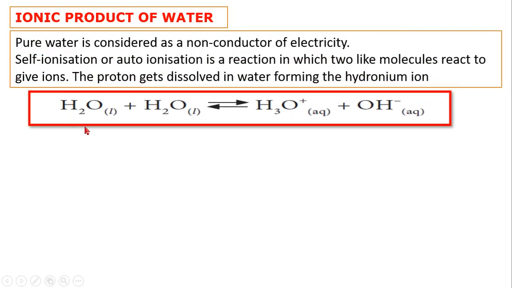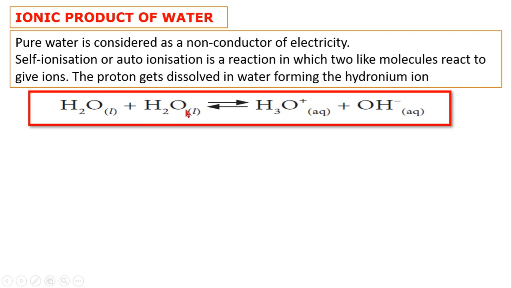So self-ionization, or auto-ionization, is a reaction in which two like molecules, H2O and H2O, two molecules of water, react to give ions. For example, H2O plus H2O, and this H2O is split into H+ and OH-.